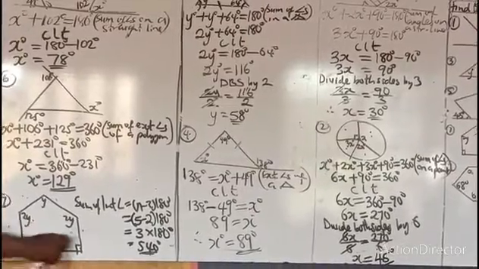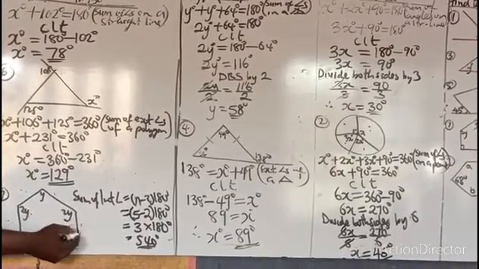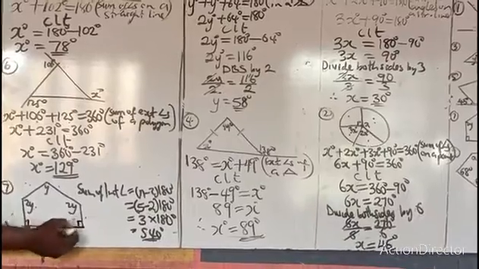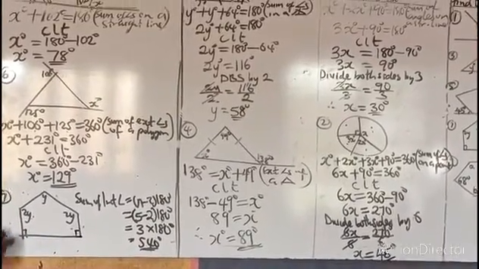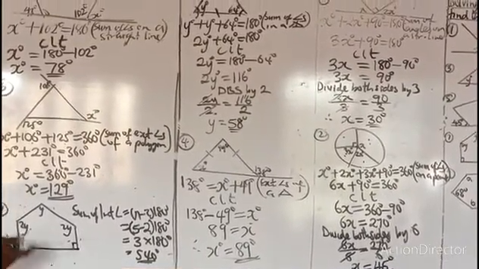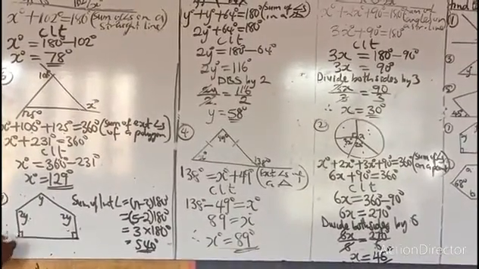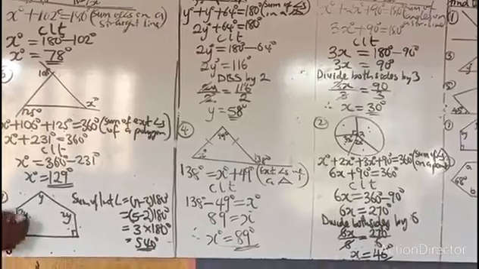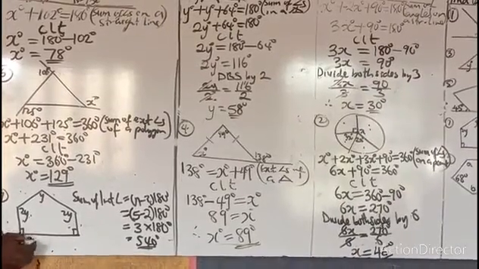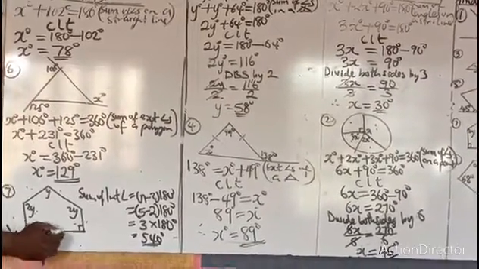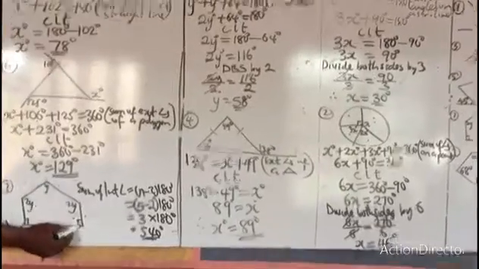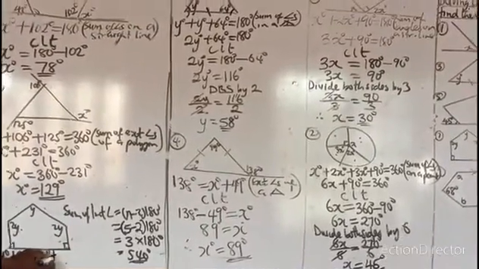Meaning I will say what? How many angles does it have? Because the pentagon must have 5 angles. So you have 1, 2, 3, 4, 5. So that means y degree plus 2y degree plus 2y degree plus, what is this one? Remember, anytime you have a square angle it is 90 degree.